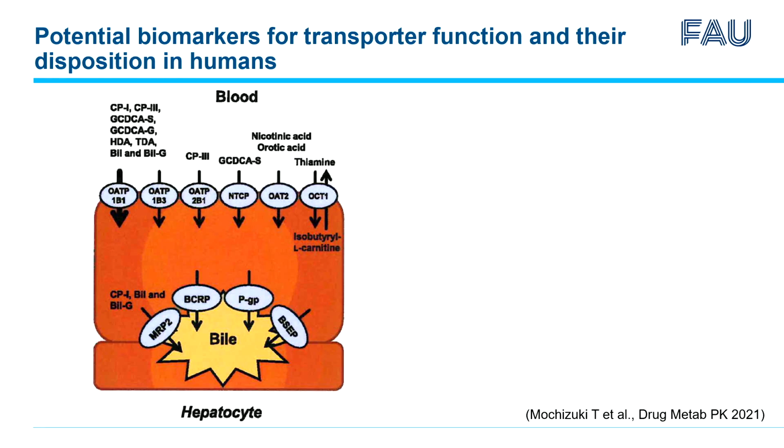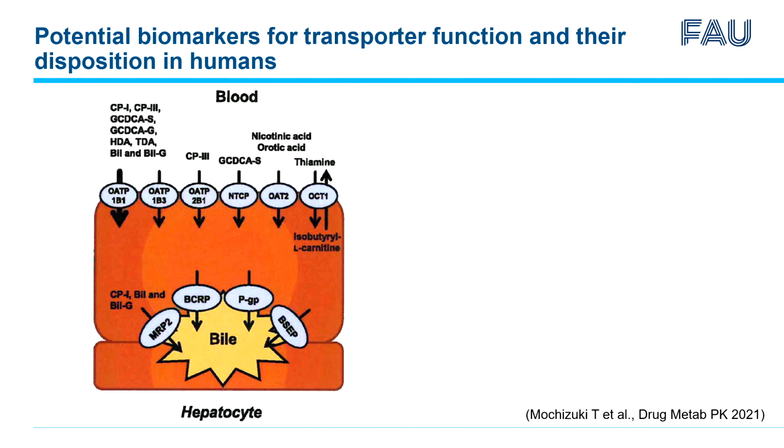And some of these well-studied biomarkers are the coproporphyrins, which show an association to this SLCO1B1 polymorphism, and which are also affected in their disposition when classical OATP1B inhibitors are administered. There are also some other bile acids and bile acid metabolites which have been proposed, and you have heard in the talk of Kathy Giacomini this morning already the biomarker TDA and HDA.